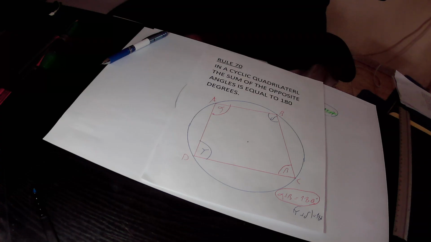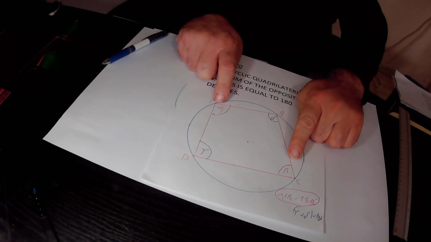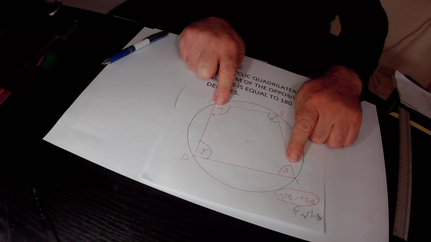So in the drawing we have quadrilateral ABCD that is inscribed by this circle. Therefore, because quadrilateral ABCD is a cyclic quadrilateral, the sum of those two opposite angles must be equal to 180 degrees. That is to say, alpha plus beta equals 180 degrees.